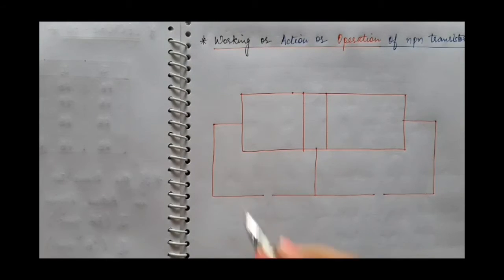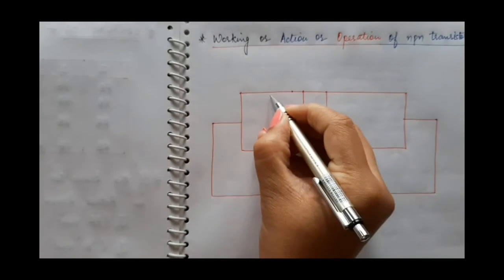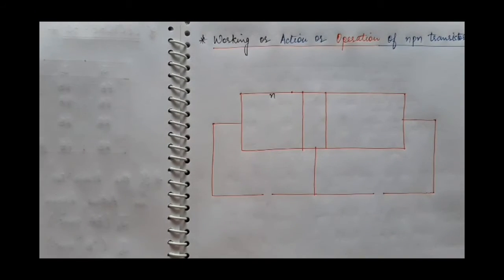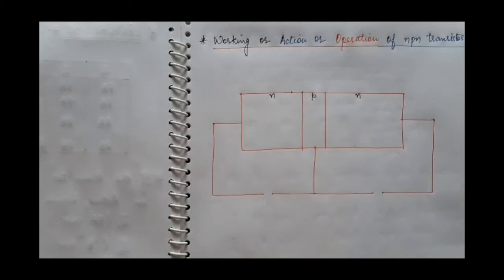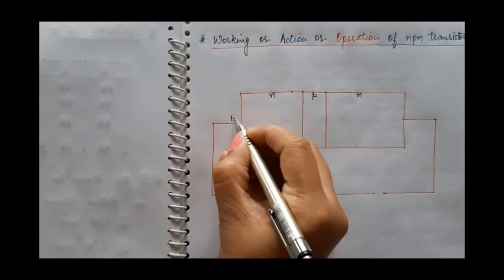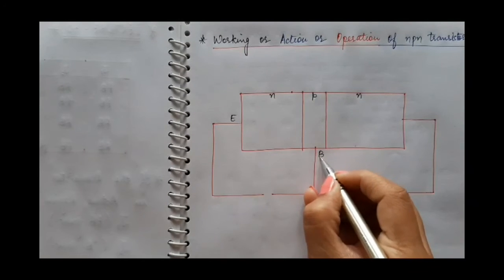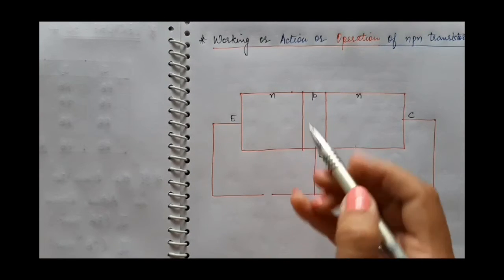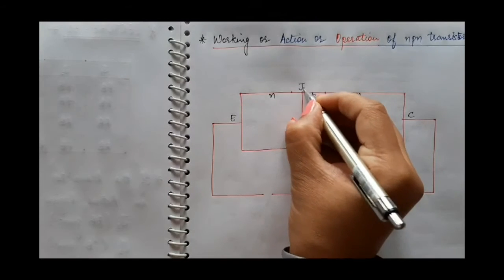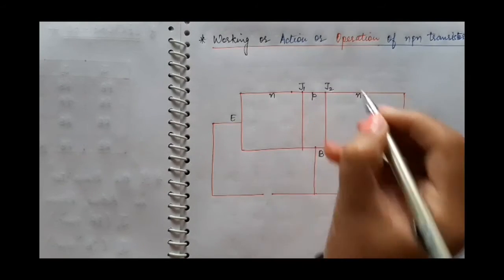This we have the N-type emitter, this is the P-type base, and this is again the N-type collector. So this is the emitter, this one is the base, and this one is the collector. And initially we have not provided any external biasing to both of these junctions. This is junction J1 and this one is junction J2.